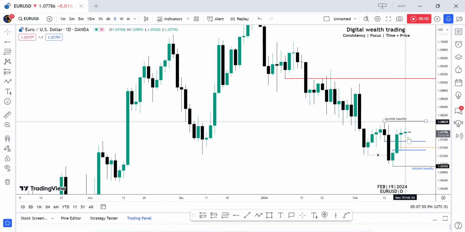Sometimes I call a particular area a focus, and it doesn't mean that we have to get there. We might clear, the market might come below this area.